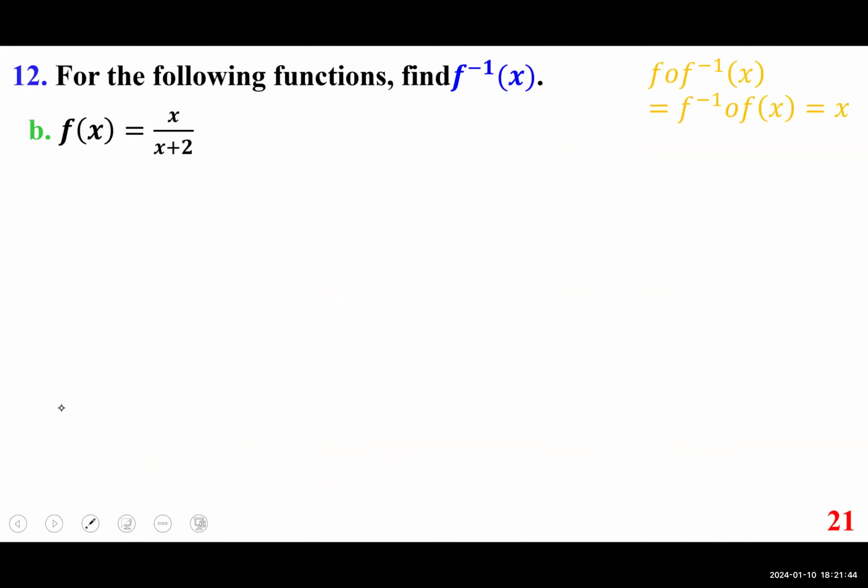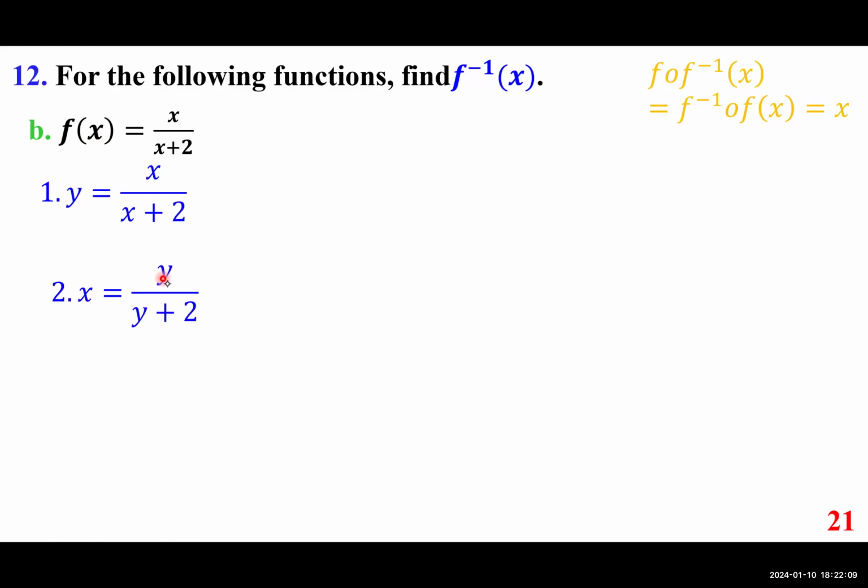We want to find this inverse. We go through the same process. Number one, we are going to call this y to make life easier. Number two, we're going to change this to x and this to y. So x and y are interchanged. So y will change to x, x will change to y.